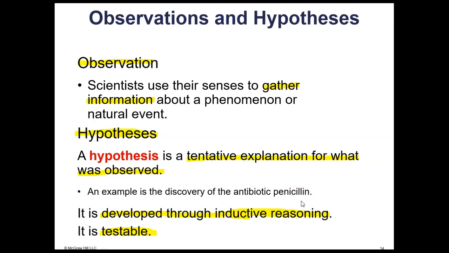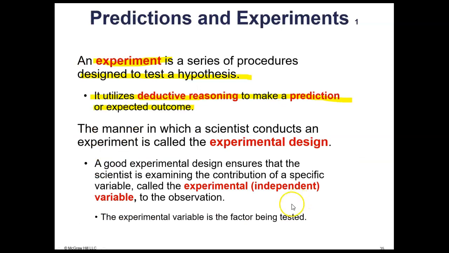So in this experiment, the independent variable, which is the experimental variable, this is the one that you as the experimenter are controlling, that would be the presence or the absence of the fungus on your petri dish. So your independent variable would be the presence of fungus or penicillium on your petri dish. The dependent variable is what you're measuring.